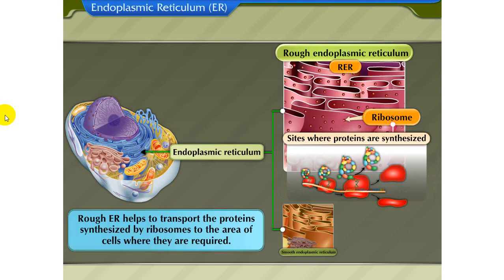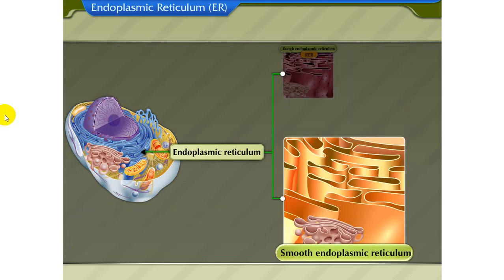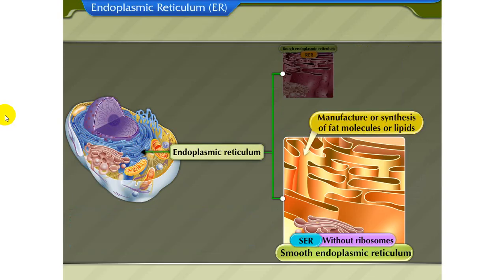Rough ER helps to transport the proteins synthesized by ribosomes. The proteins are transported to that area of a cell where they are required. Smooth endoplasmic reticulum, SER, is without ribosomes. It is meant for the manufacture or synthesis of fat molecules or lipids.